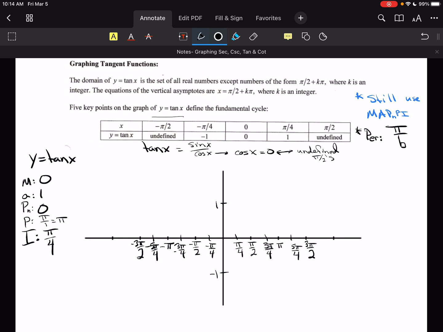So if you look here, my pi over 2s, anywhere I see a denominator of 2 that doesn't simplify out, that's where my asymptotes are going to fall.